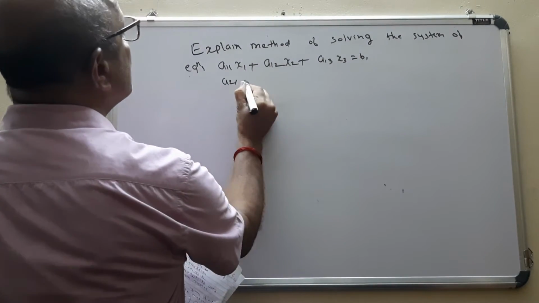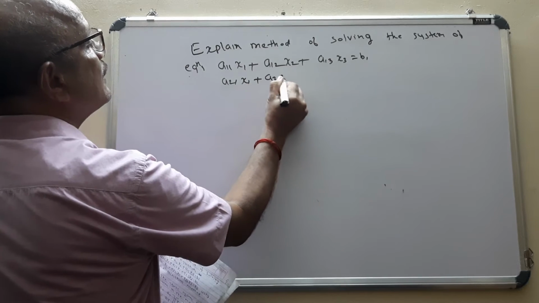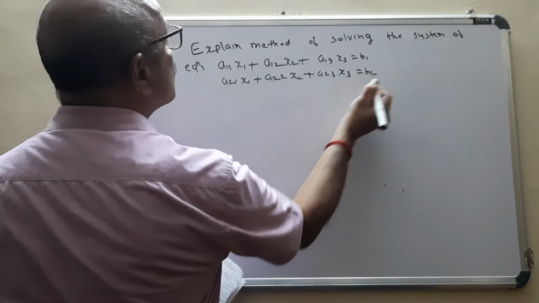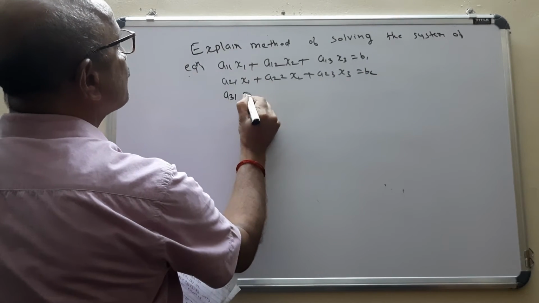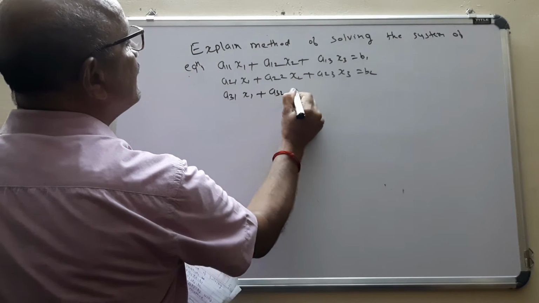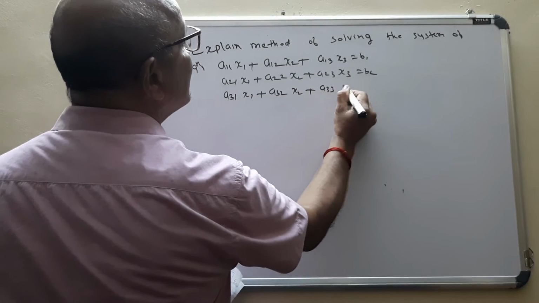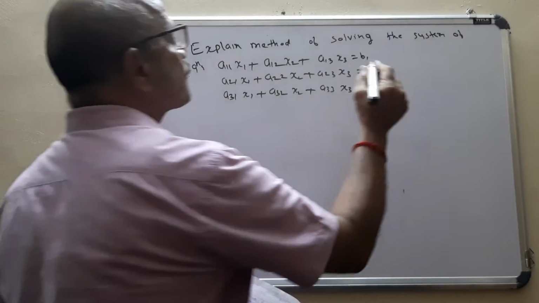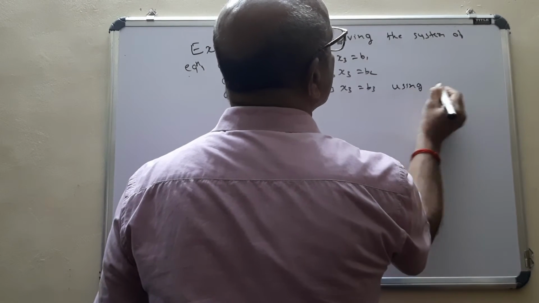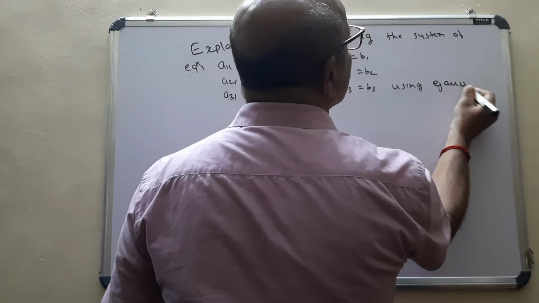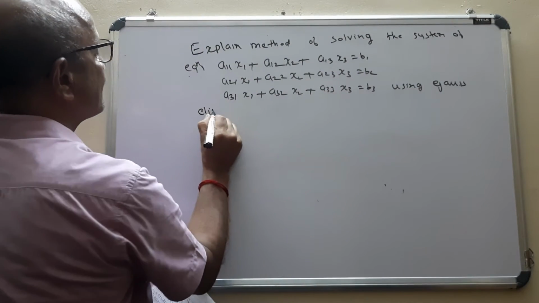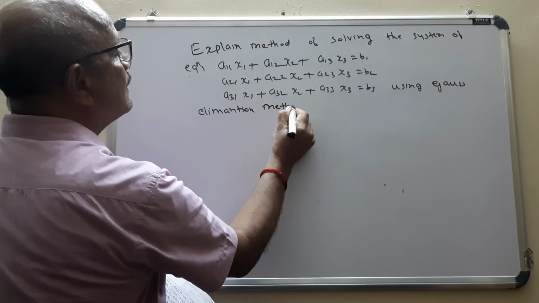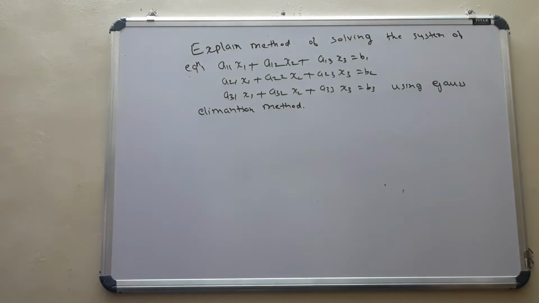The second equation is a21x1 plus a22x2 plus a23x3 is equal to b2. The third equation is a31x1 plus a32x2 plus a33x3 is equal to b3, using the Gauss elimination method. Then how will you write the answer?